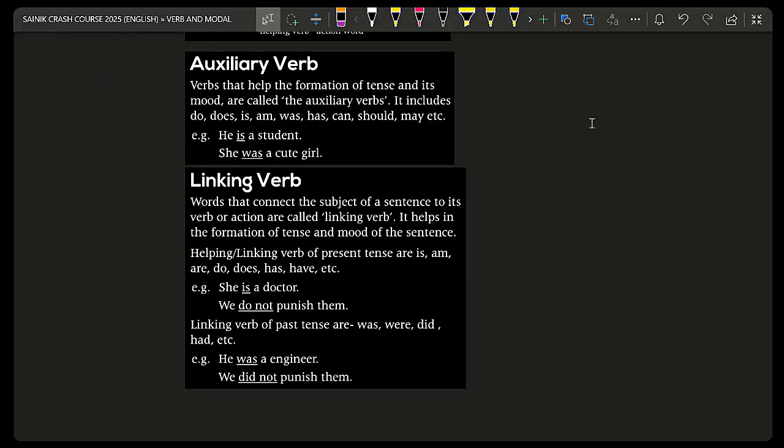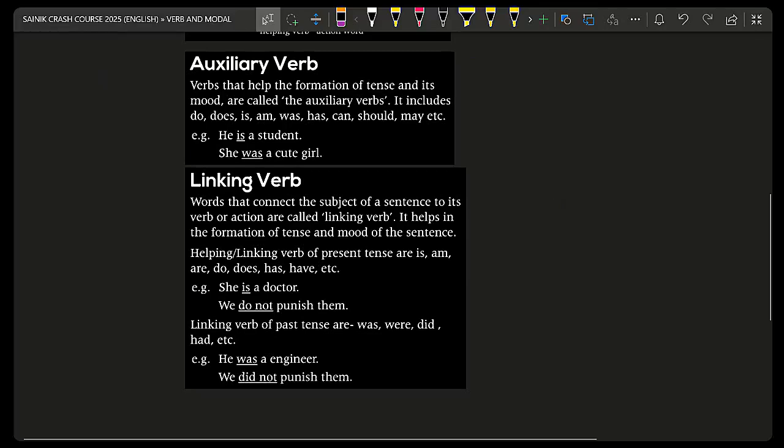So is connecting the subject of the sentence, that is she, and the rest of the sentence. We do not punish him. Do not is connecting we and punish. Linking verbs of past tense are was, were, did, had, etc. He was an engineer. We did not punish him. So was and did not are linking verbs.